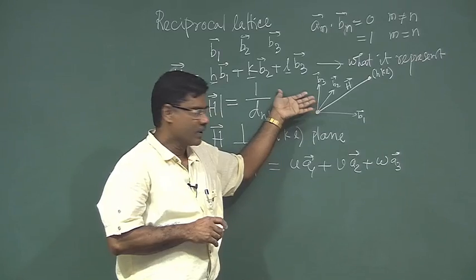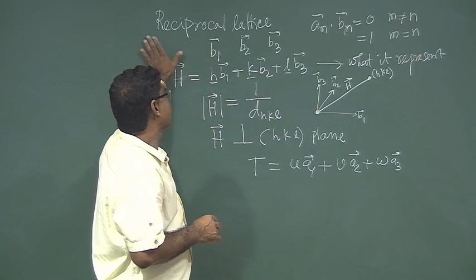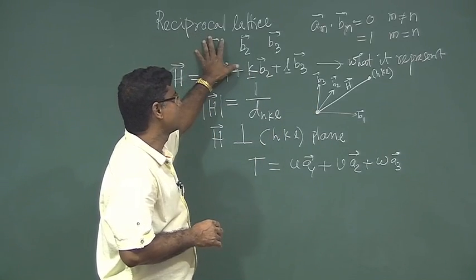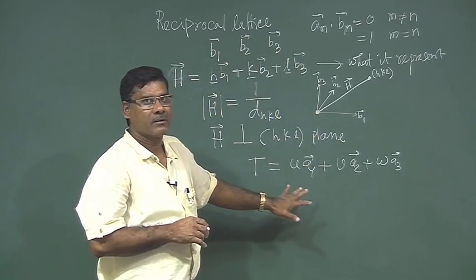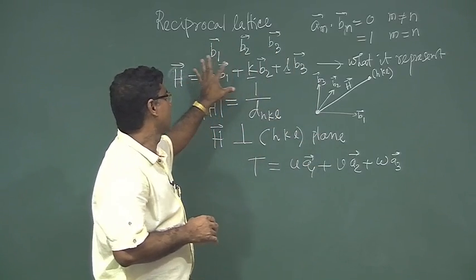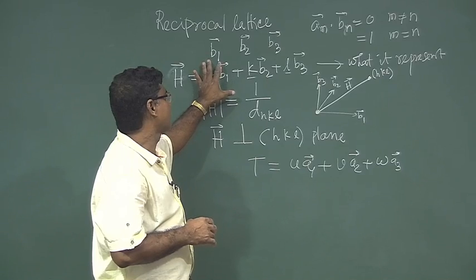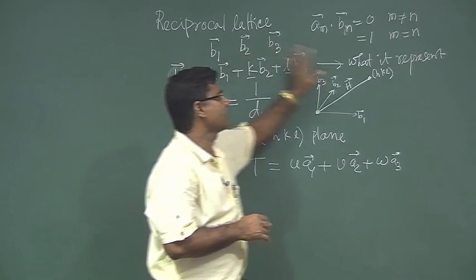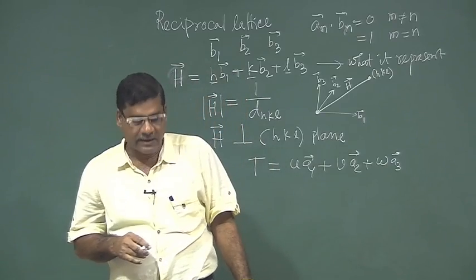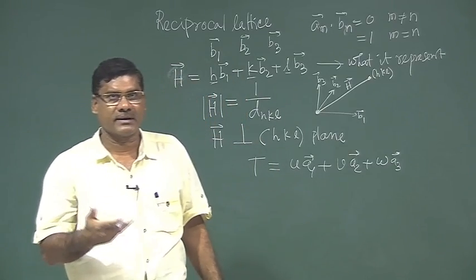So, I think it is clear what the reciprocal lattice is and how it is defined, what the axes of this lattice are, and how these axes are related to the direct lattice, because it cannot be arbitrary, right.